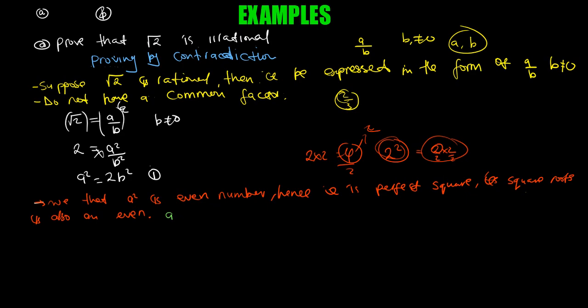So let me write: there exists a, all right, is equal to, we are trying to find the square roots. So there exists a equal to 2k, like that.